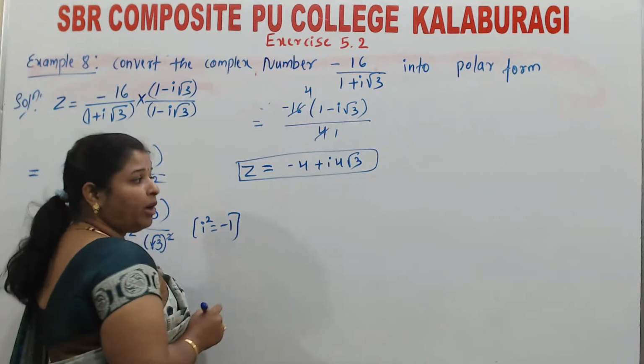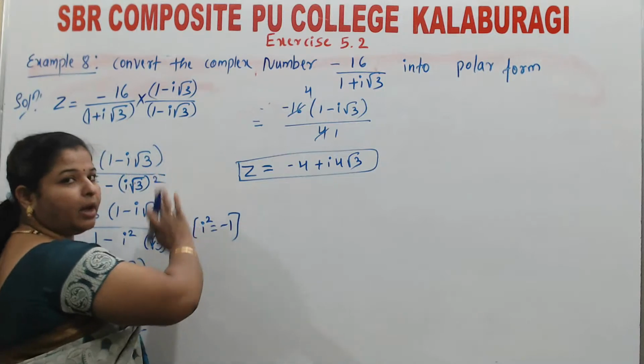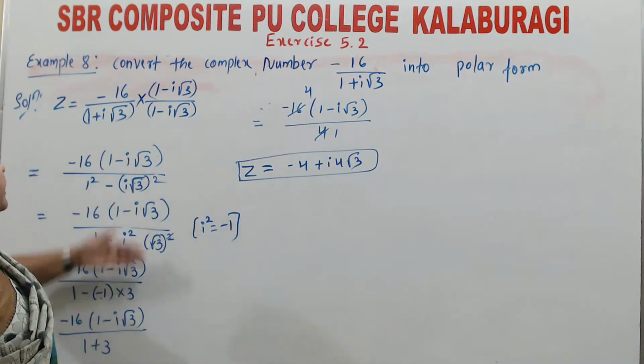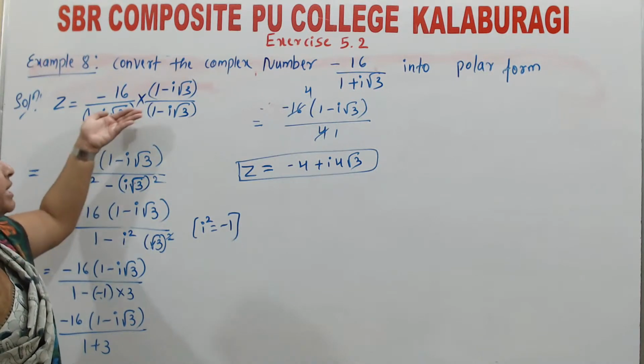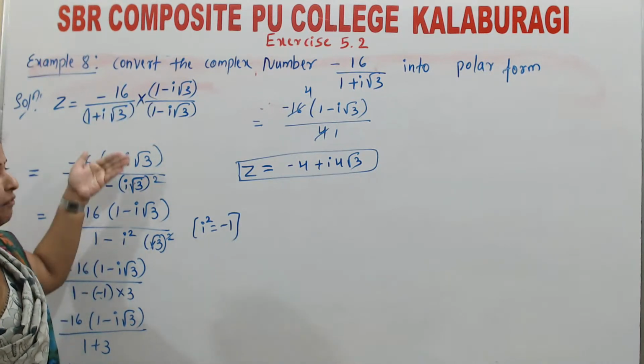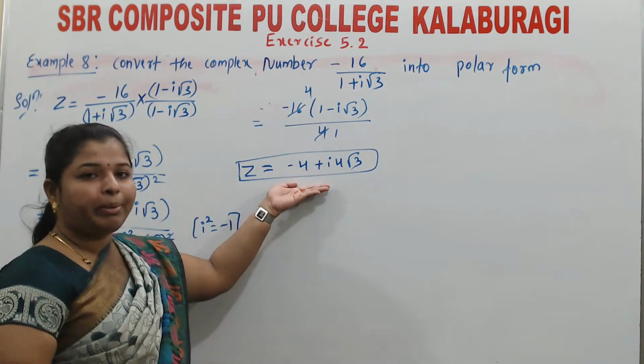For writing the polar form, the given complex number we solved already, right? Since the denominator was imaginary, we rationalized it, and after rationalizing we got this complex number.